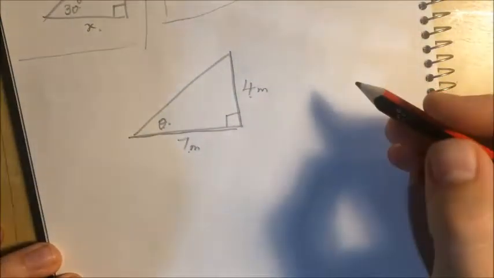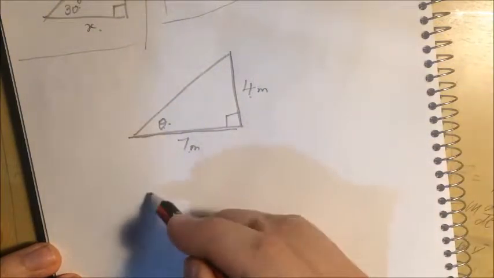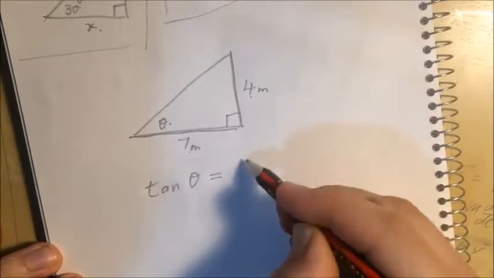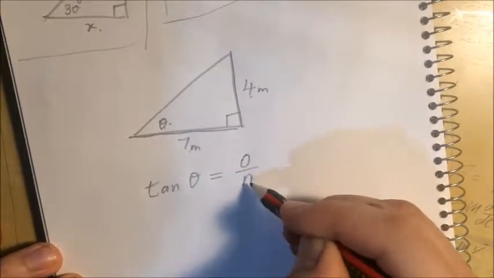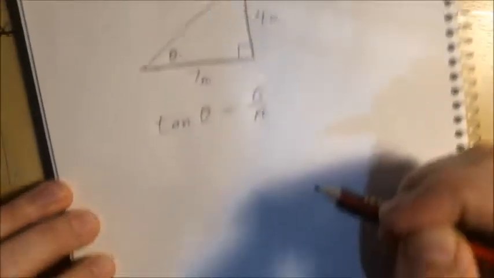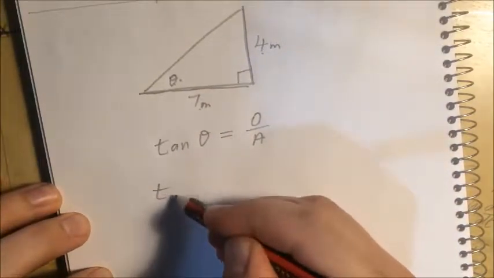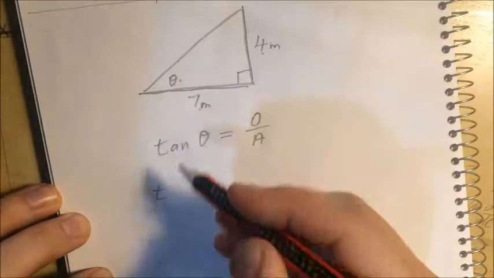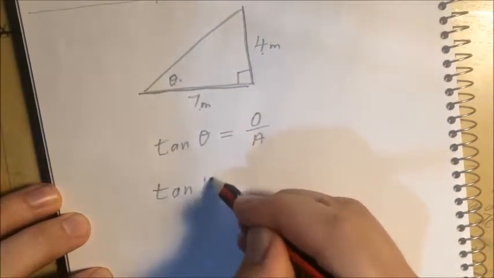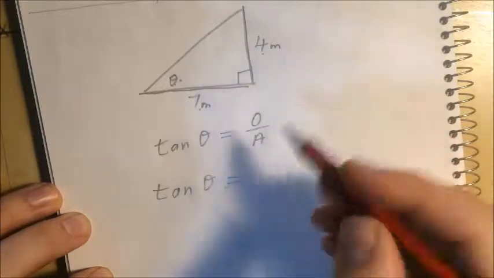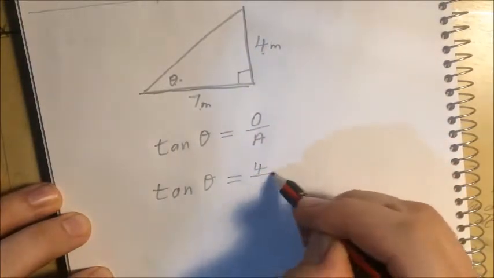So we have tan theta equals opposite over adjacent. What this really means is that the tan of the angle equals opposite 4 divided by 7.